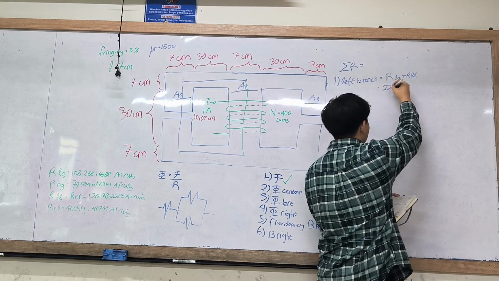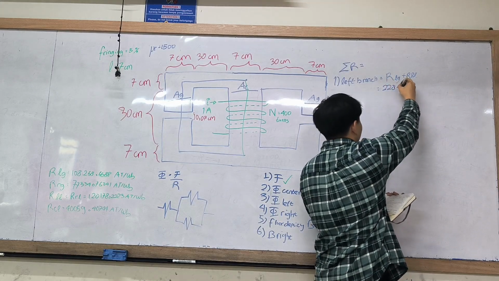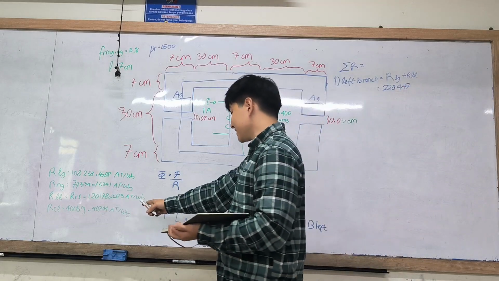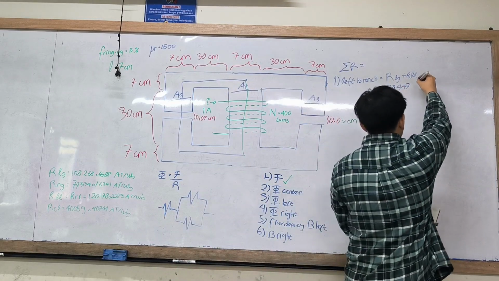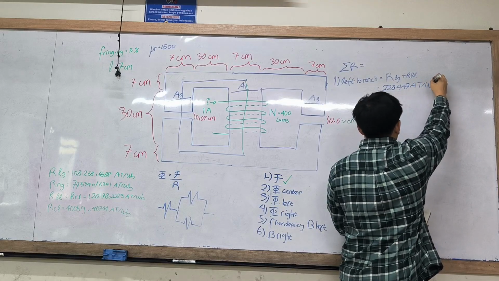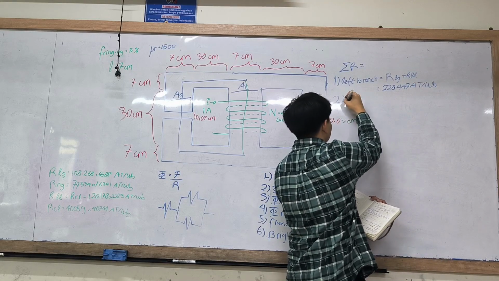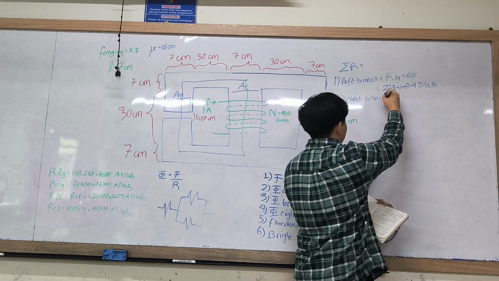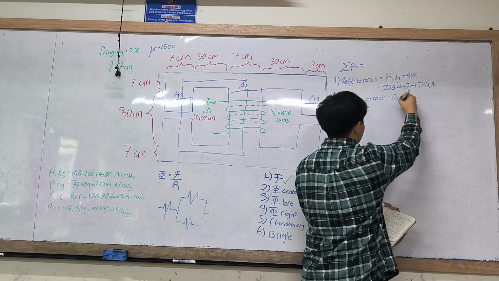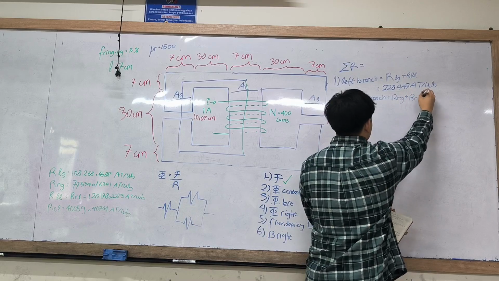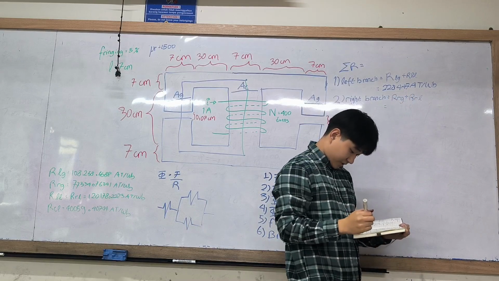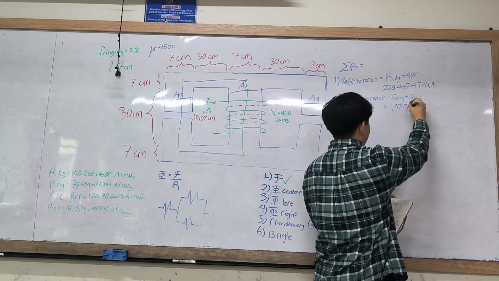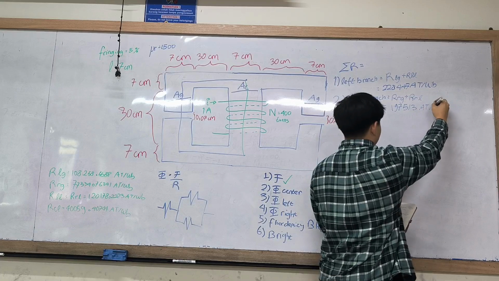The result will be 228,447 ampere turns per Weber. For the right branch, it would be the right gap plus the right leg, and the result will be 197,513 ampere turns per Weber.